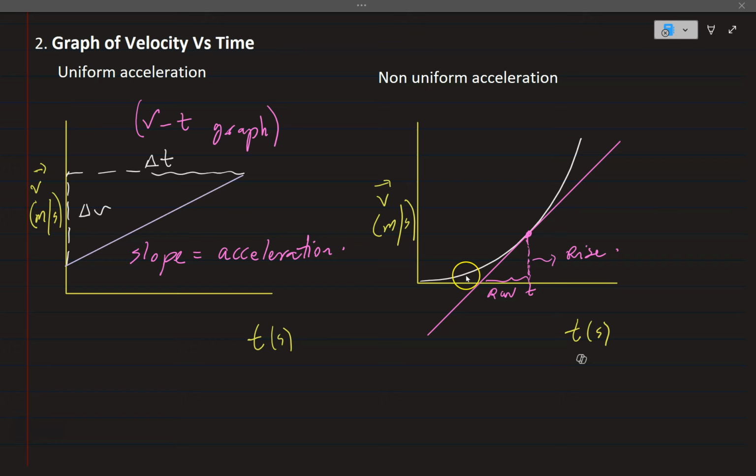So in this case, you do the exact same thing, but the only information that you can get out of a non-uniform acceleration is the instantaneous acceleration at a given t. And what is it? Well, the slope of a tangent line to the curve of the VT graph at the point t, at the given time, will give you the instantaneous acceleration.